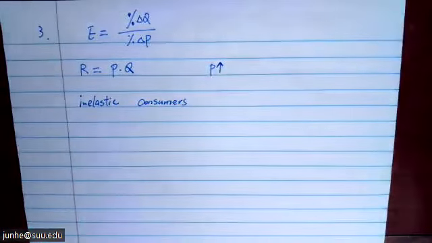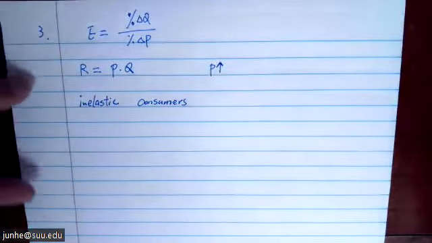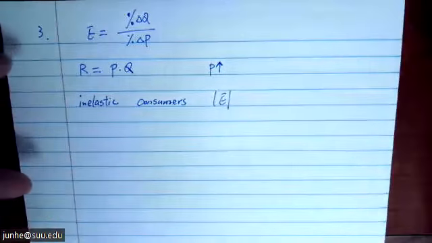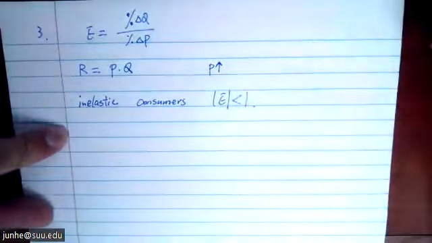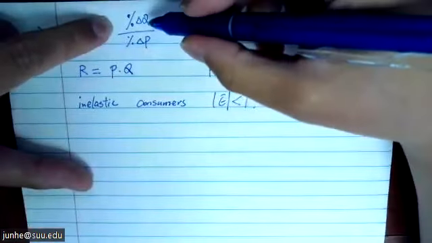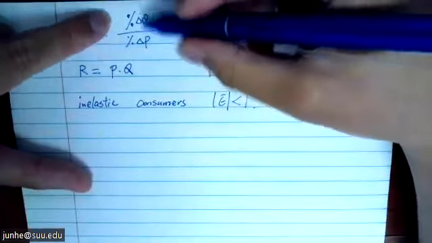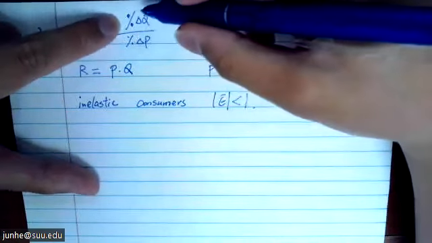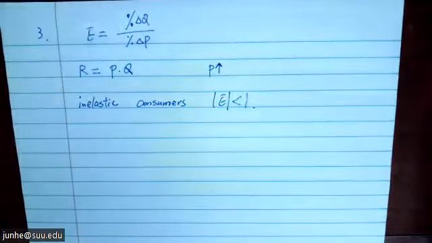For inelastic consumers, that means the absolute value of the elasticity is smaller than 1. That means for this fraction, the bottom should be bigger than the top in absolute value.